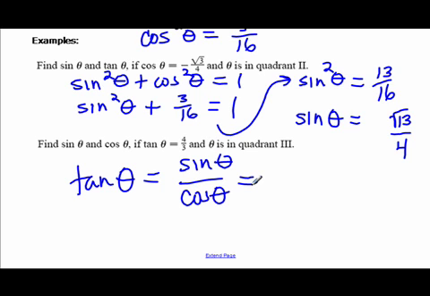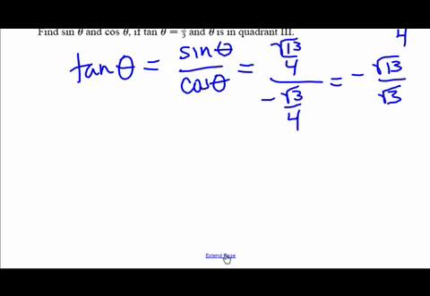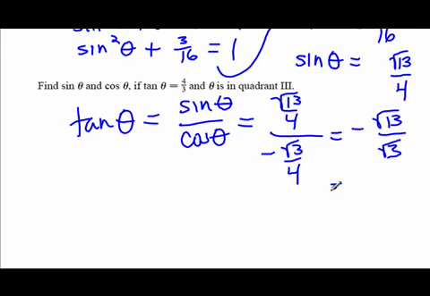So we'll take our answer of root 13 over 4, divide that by cosine, which was given as negative root 3 over 4. Positive divided by negative is negative. Multiply by the reciprocal, the 4's cancel out, and we got negative root 13 over root 3. Again, we end up rationalizing the denominator just like we did the first time we did the problem, and we get negative root 39 over 3.